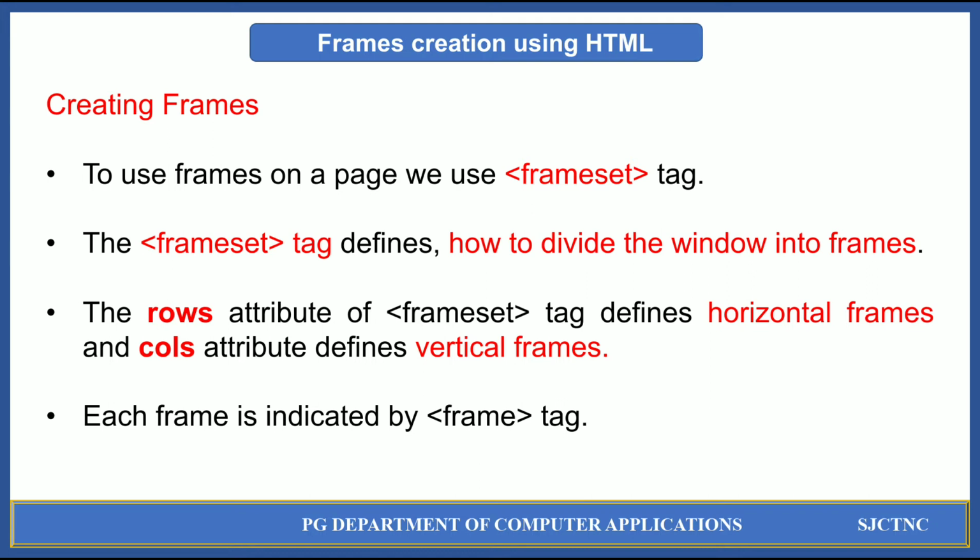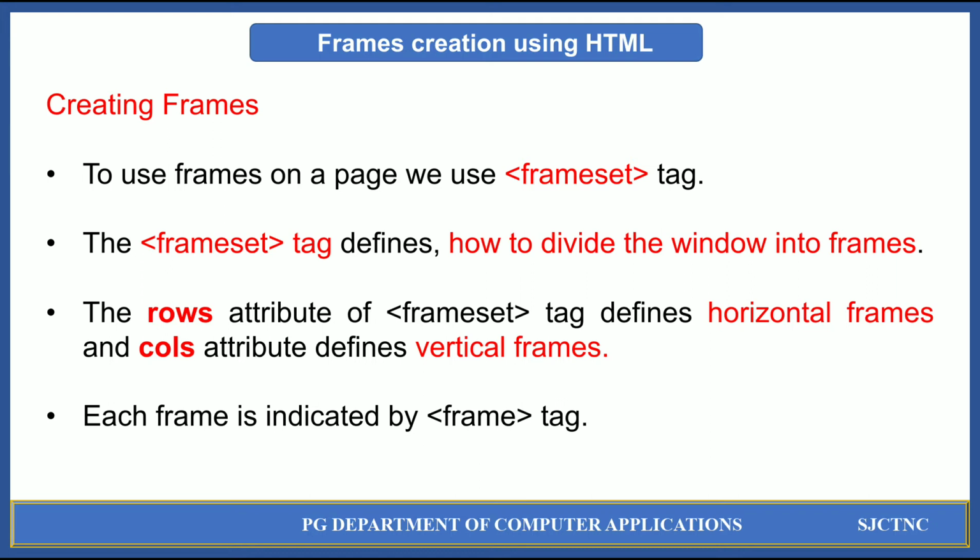Each frame is indicated by a frame tag. So the frameset tag indicates a space, how much space each frame will occupy, and in that we have several frames.